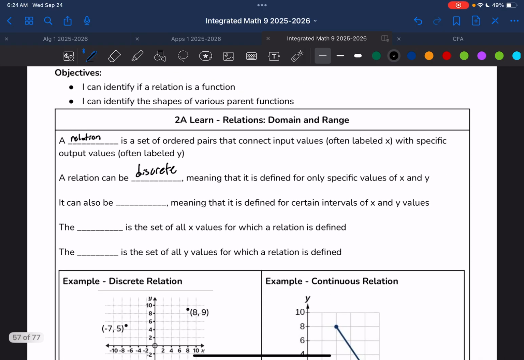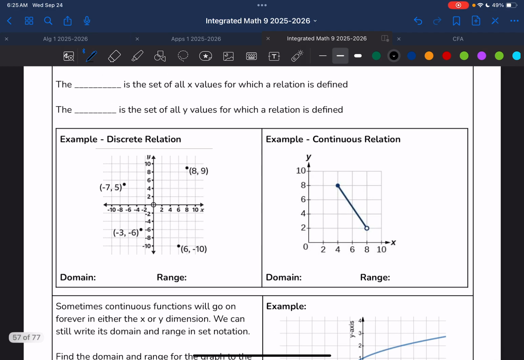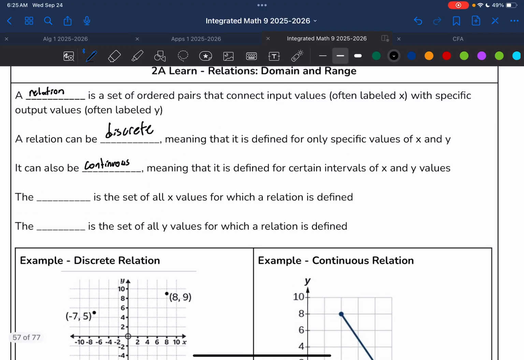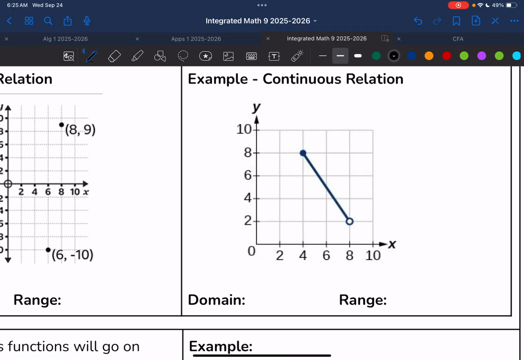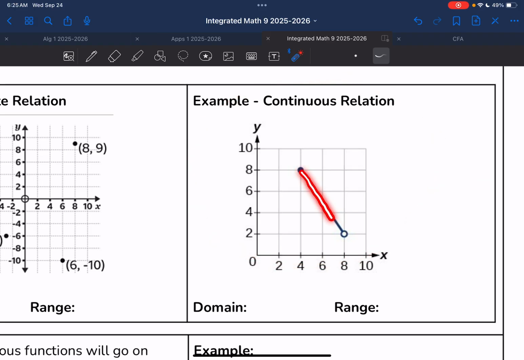But they can also be continuous. And that means that they're defined for a range of x and y values for an interval. So as we can see, this over here is a continuous relation. Every point on the line corresponds to a point in the relation.